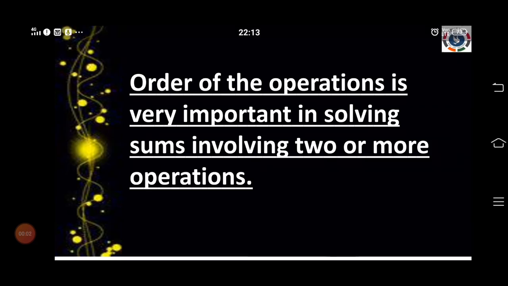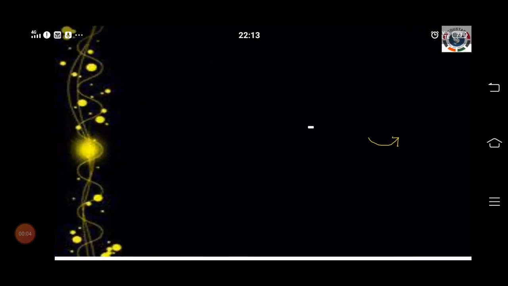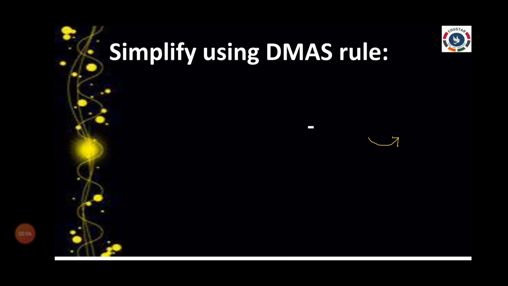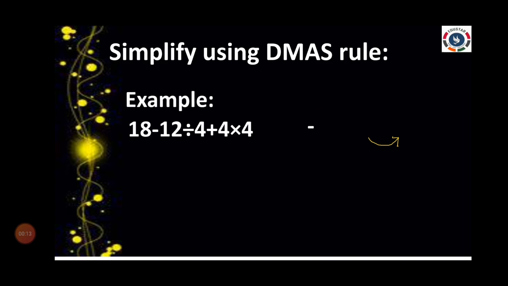Now I am going to explain through an example. Simplify using the DMAS rule. Example: 18 minus 12 divided by 4 plus 4 into 4. We apply the simplification rule.